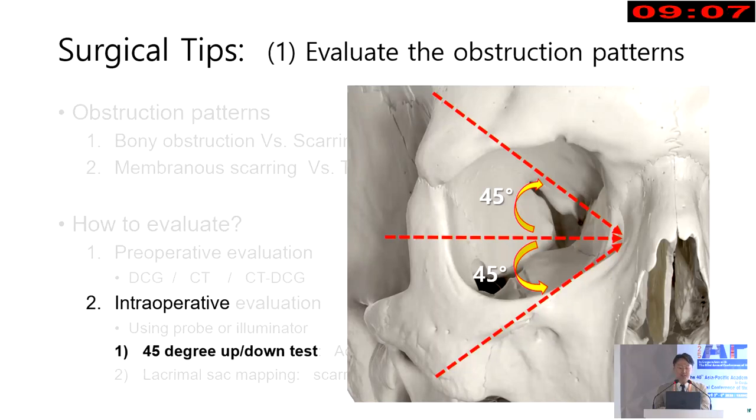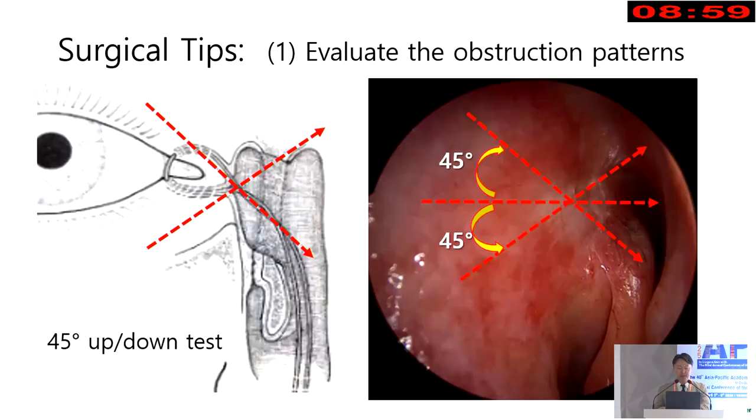Intraoperatively, lacrimal sac mapping is important to see the obstruction type, and especially the 45-degree up and down test is useful. A lacrimal probe is inserted through the canaliculus, and it can be angled 45 degrees up and down, which corresponds to the lacrimal sac or ideal ostium site.